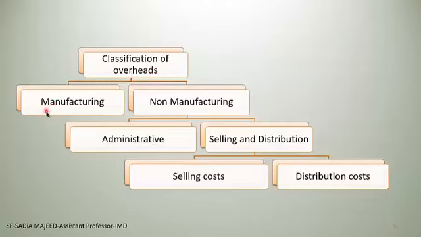One is the manufacturing overheads, which we discussed in the last slide, and the second is the non-manufacturing overheads, which is also mentioned in the last slide. Non-manufacturing overheads further have two classifications: administrative, and selling and distribution. Selling and distribution has further classification: selling cost and distribution cost. We have to discuss all these overheads in detail.